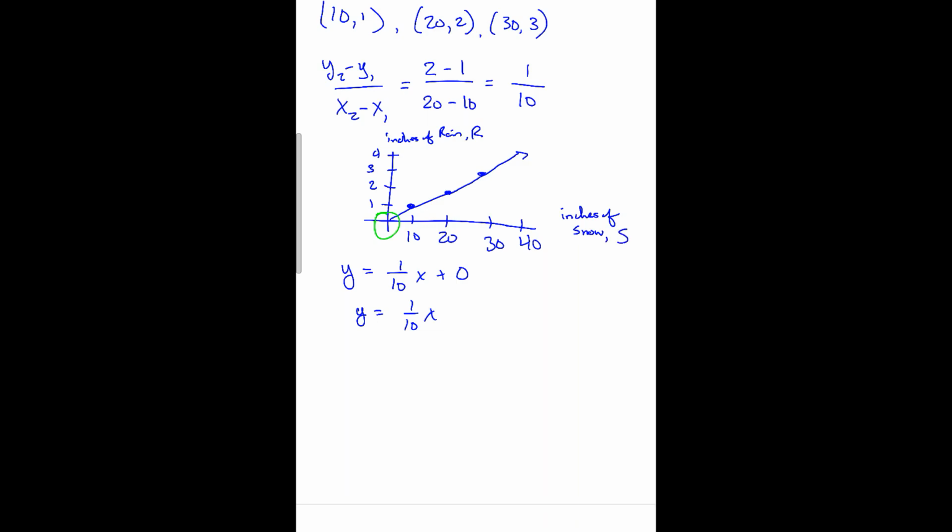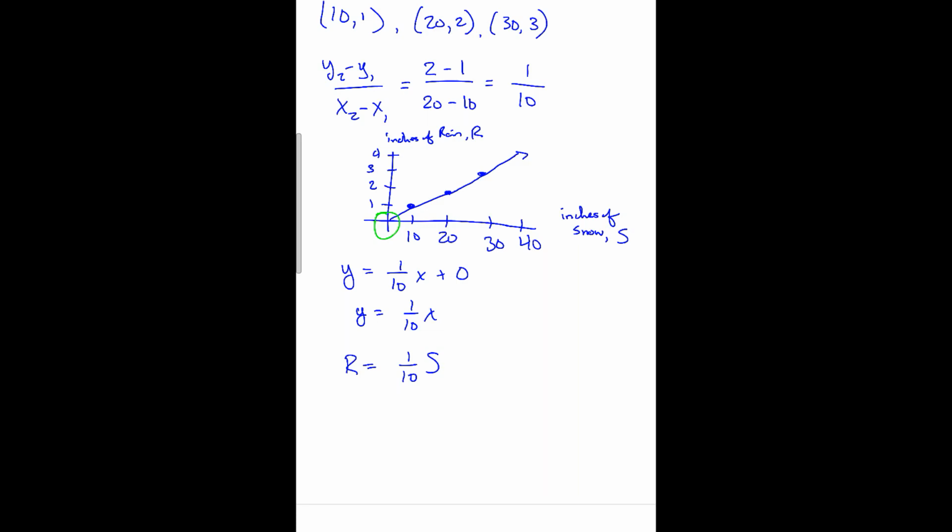So they give you R. They say R is equal to blank. So if R is equal to blank, then what's the other letter that we're dealing with? S. So now our actual equation is going to be R is equal to 1 over 10 times S. Okay? And that would be our final answer.